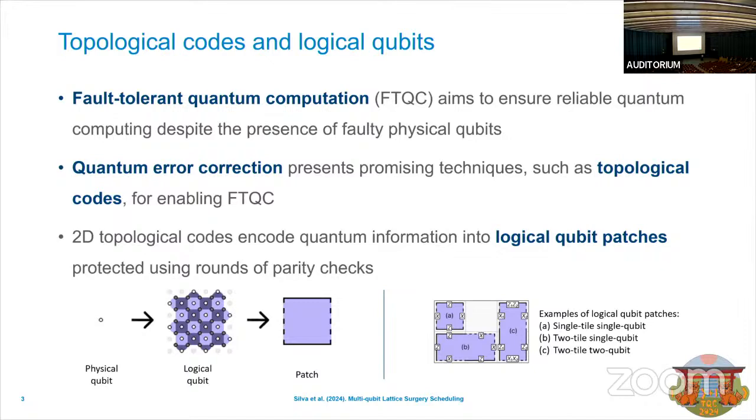These patches are located in a two-dimensional lattice, similar to a chessboard, and they occupy tiles, which can be a single tile, such as this one, or two tiles, such as this one. Or we can even have other combinations, such as two qubits occupying a single patch, but in two tiles.